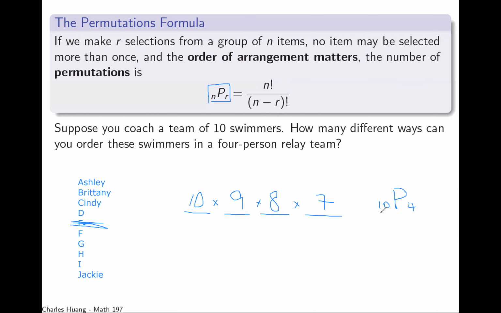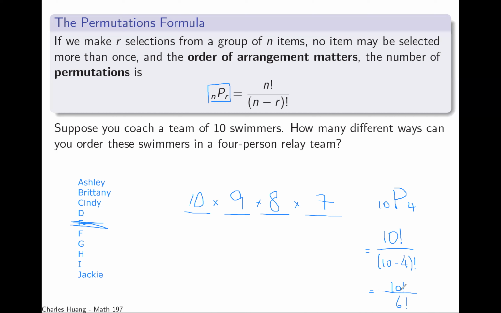In this case, because I have 10P4, we have 10 factorial divided by 10 minus 4 factorial. And it turns out 10 factorial divided by (10 minus 4) factorial is just 6 factorial.